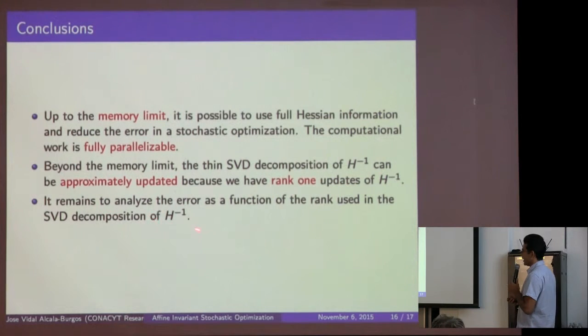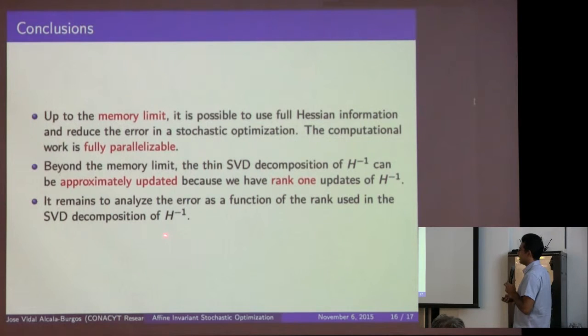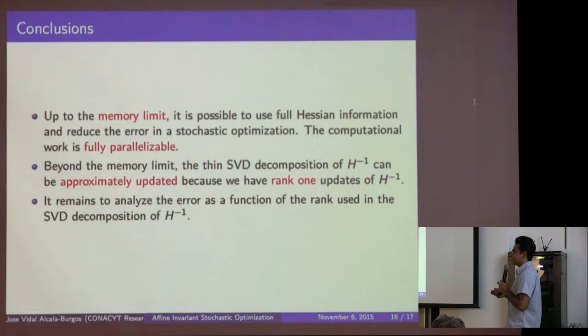And of course, what I would really like to do now is to analyze the error as we increase the rank of the SVD decomposition, right? Because in principle, I just did rank 1, but I could probably get up to rank 4,000, right? As I did before, in the previous method where the memory only stopped me at 4,000, right?